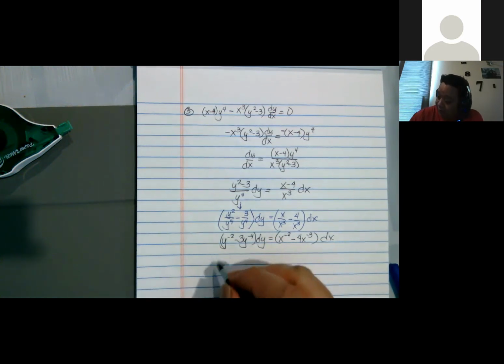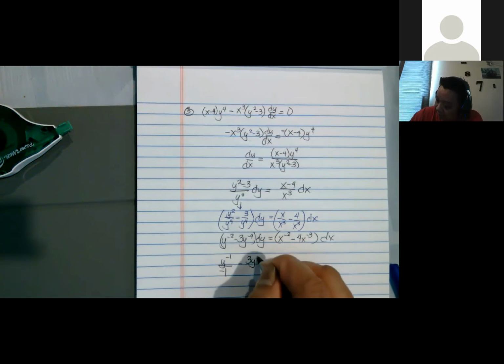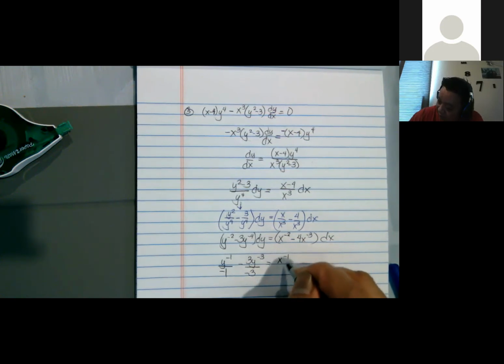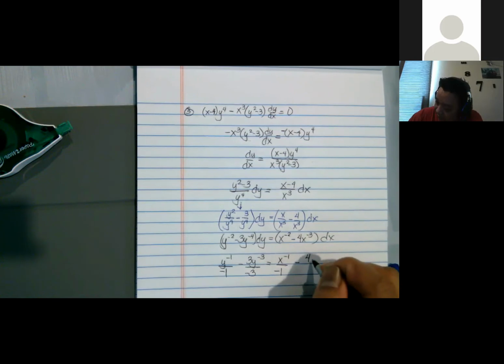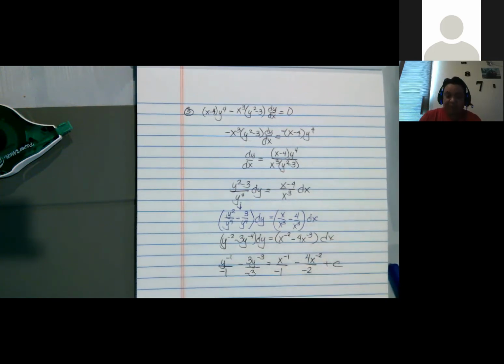So this would be y⁻¹ over negative 1 minus 3y⁻³ over negative 3, okay, is equal to x⁻¹ over negative 1 minus 4x⁻² over negative 2. Let's see.